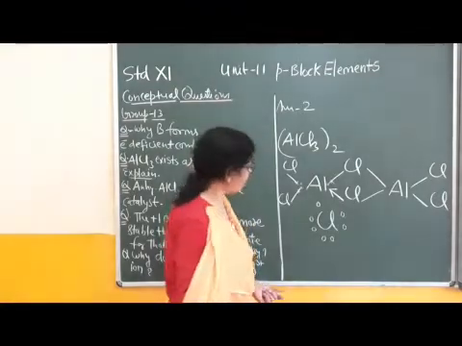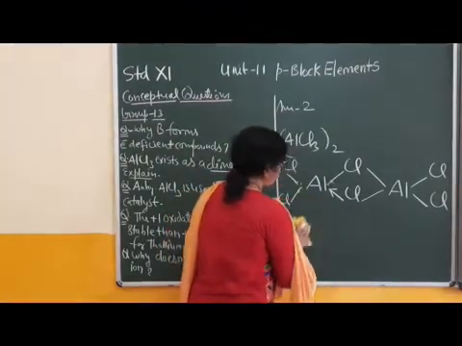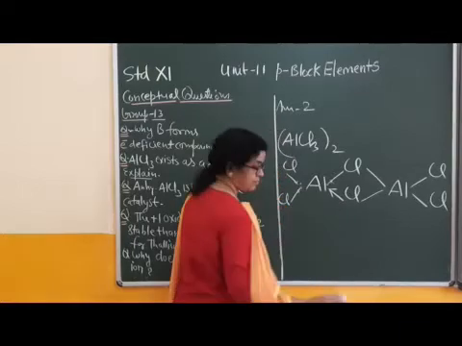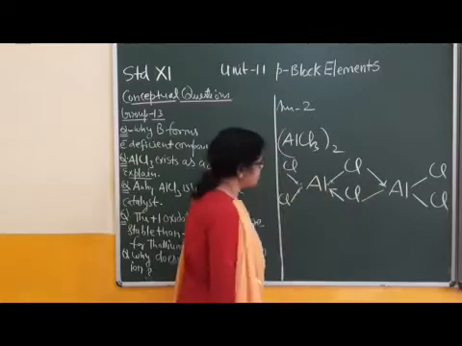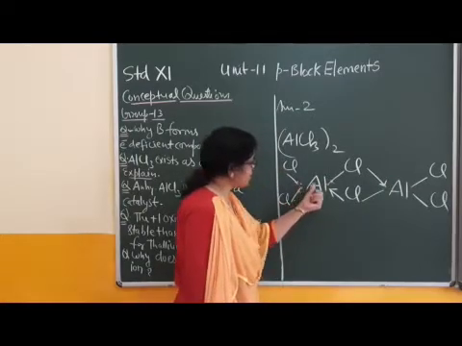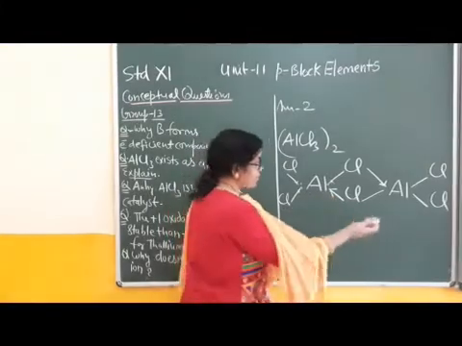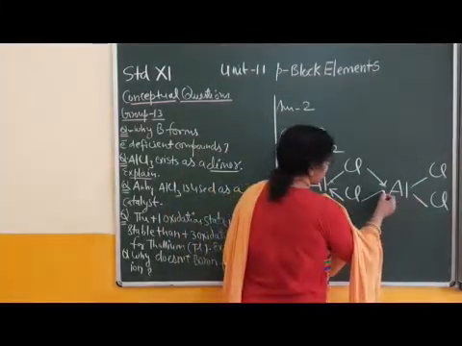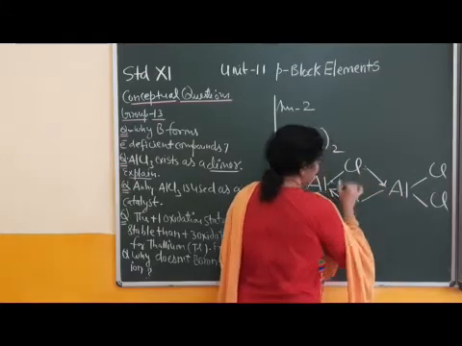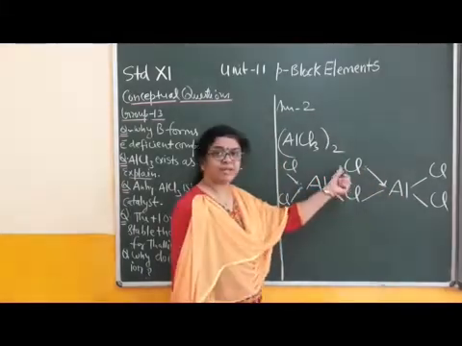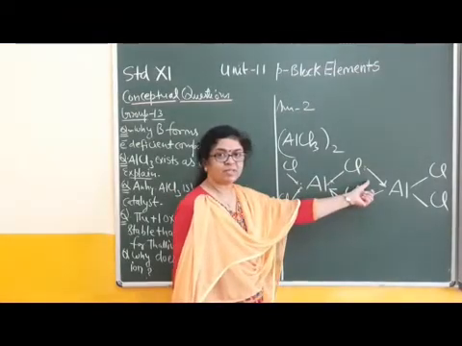And the second coordinate bond forms in a diagonal, opposite manner, just opposite of this, right children? 6 electrons, 7 and 8 electrons, right? For the second molecule, 1, 2, 3, 4, 5, 6 and one pair is coming from the chlorine atom of the first molecule. This bond is a coordinate bond, right?